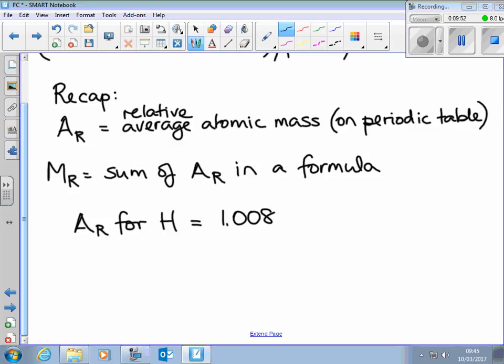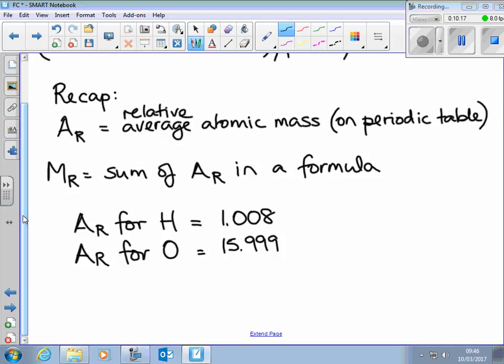Okay. What about the relative atomic mass for oxygen? 15.999. Okay. We know that those numbers come about because we're weighting it to meet the percentage of different isotopes that are in there with different masses.